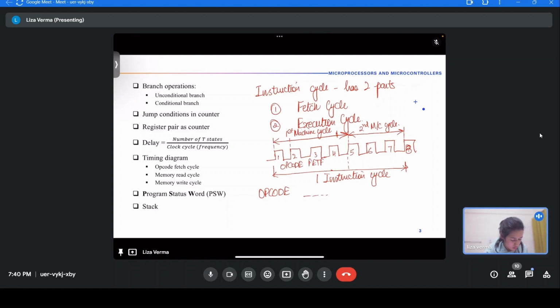And then depending on the opcode, whether it requires an operand or not, for all the instructions which require an operand, this second machine cycle will take place, and after the second machine cycle has taken place, one instruction cycle will be complete.